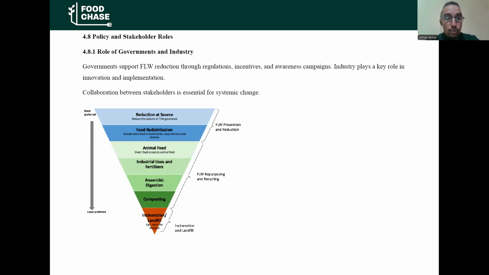Industry plays a key role in innovation and implementation, so collaboration between government and industry is a key solution to avoid food loss and waste, as we can see in this picture with the different levels of reduction: reduction at source, then food redistribution, animals, and with different sectors, we can improve the quality of our process using a strategic government strategy applied to industry.